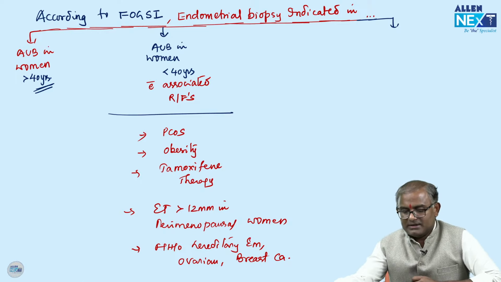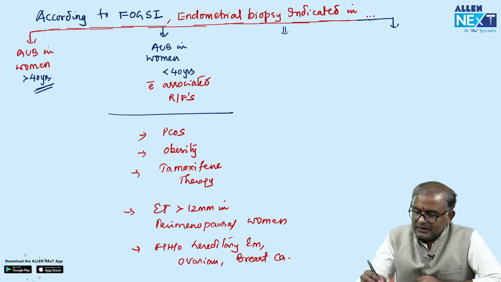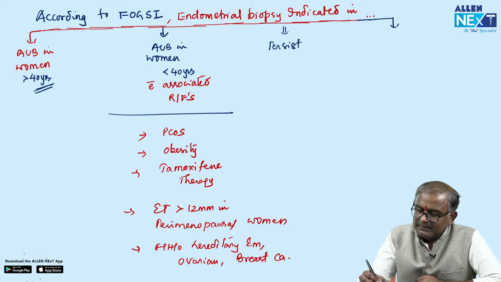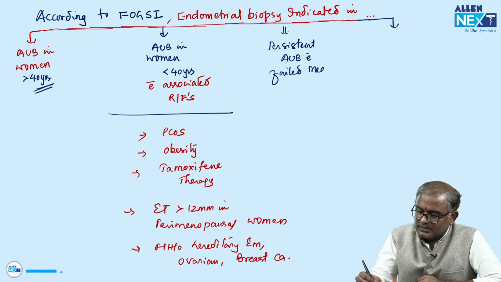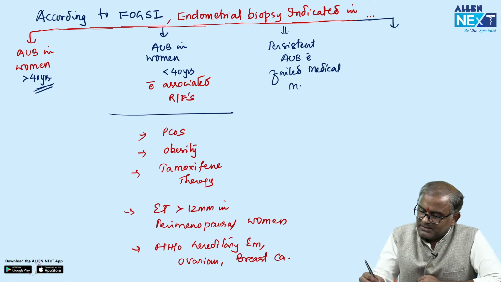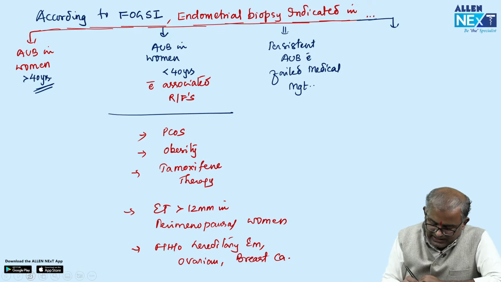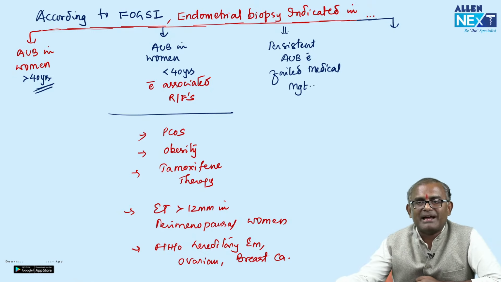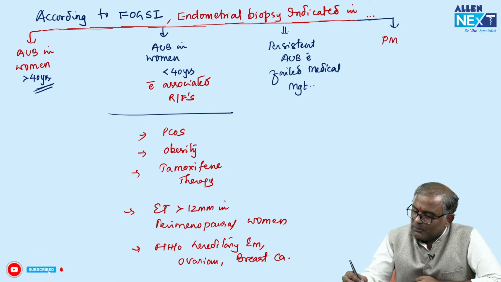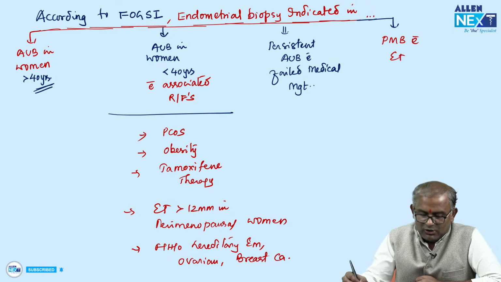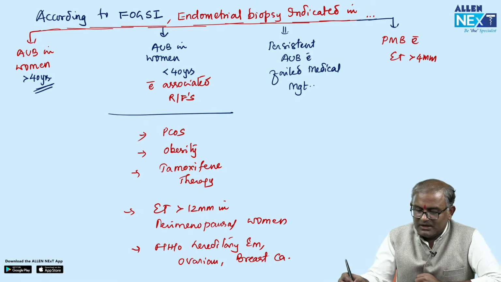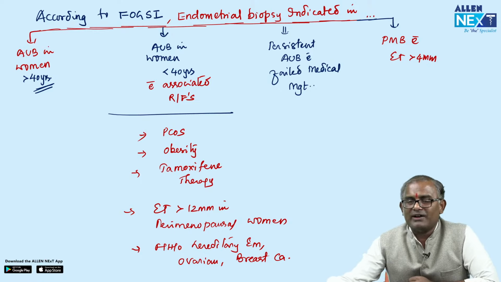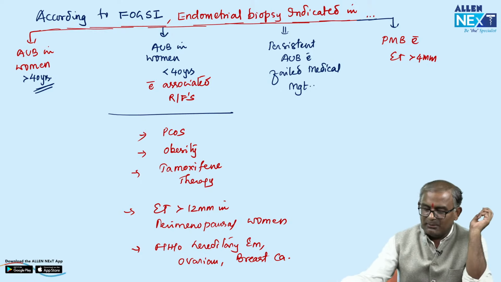Understood, doctors? Then persistent AUB with failed medical management, and post-menopausal bleeding with endometrial thickness more than 4 mm. So these are all the FOGSI or ACOG recommended indications for endometrial biopsy.